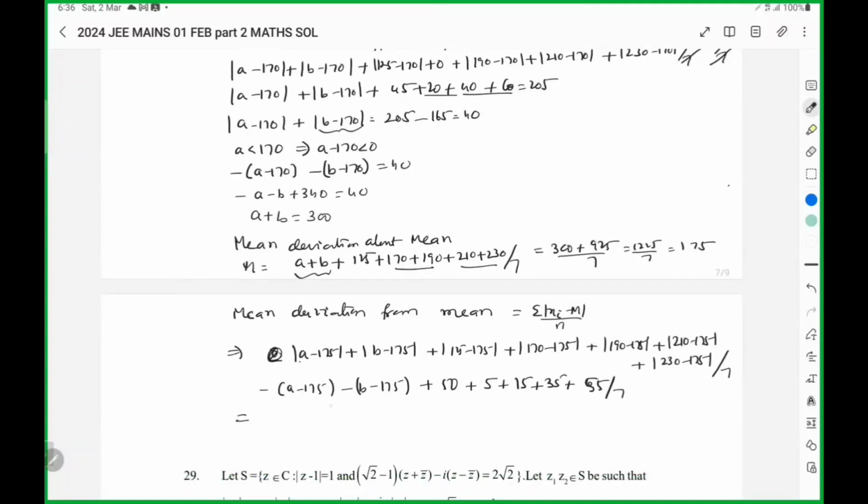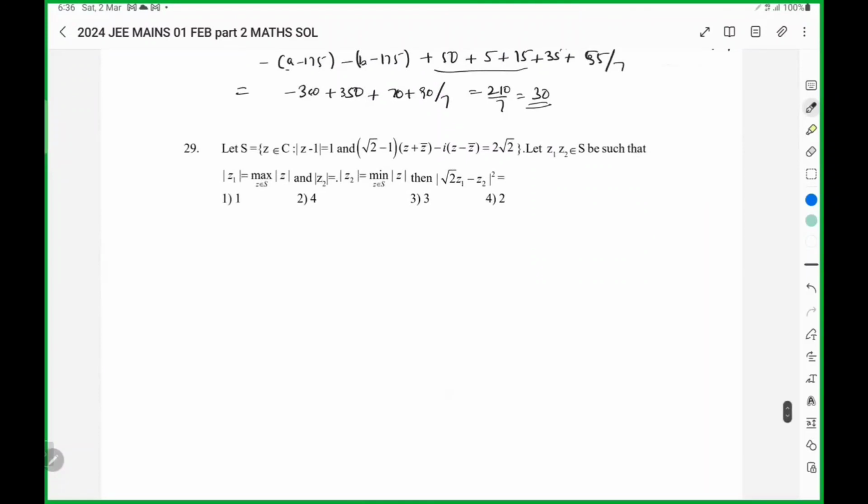Here it is minus of A plus B, minus 300 plus 350, 70 plus 90, by 7. So 50, 140 plus 70. This is the mean deviation from the mean.